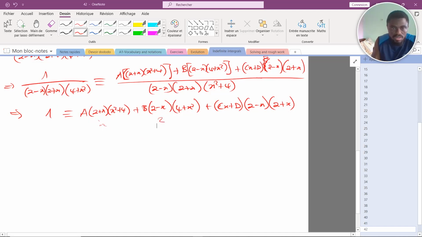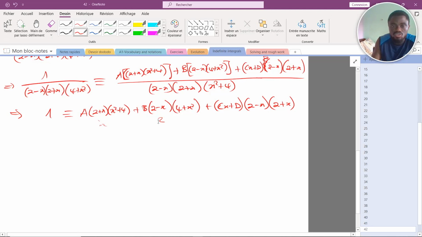Now if I want to find, for example, A, it simply means I have to eliminate this and this. I hope you understand what I'm doing. To eliminate this and this, I see that there is 2 minus x here and 2 minus x here.